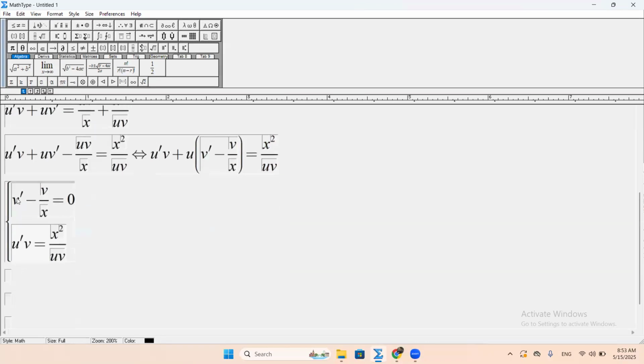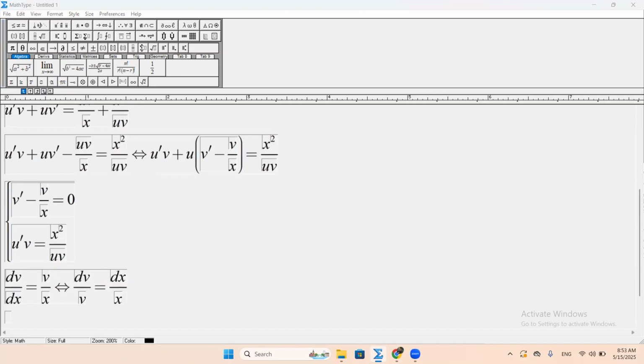Now let's solve this equation. Let's find v first of all. So dv over dx equals v over x. Then dv over v equals dx over x.